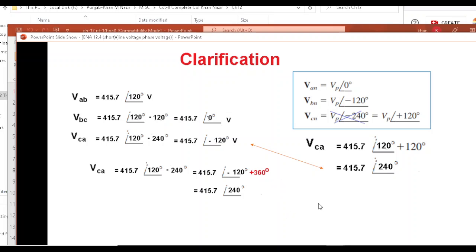Now what is the implication of adding 360? It does not change the magnitude. Say we were here at minus 120. If we add 360, we take a complete circle and we again reach that same point. This way we call it minus 120, and this way we call it plus 240. So it's the same. I hope this has given you some kind of an understanding. Thank you.